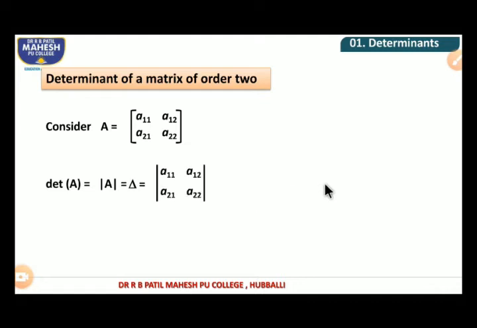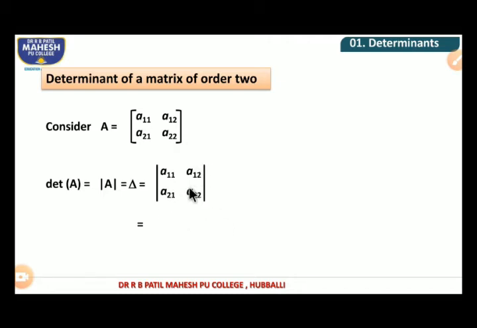We can find the value of this determinant by using a rule. This is the principal diagonal from the left corner to the right corner, so these two elements are the principal diagonal elements, and these two are the non-diagonal elements.